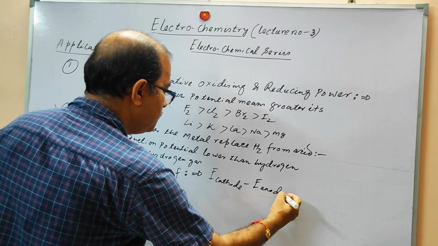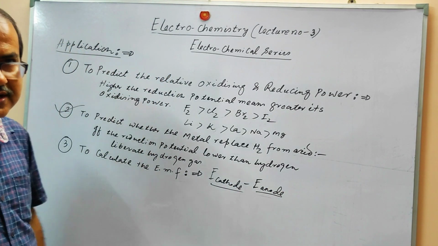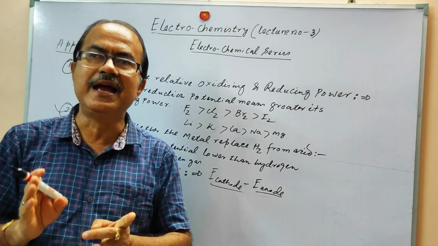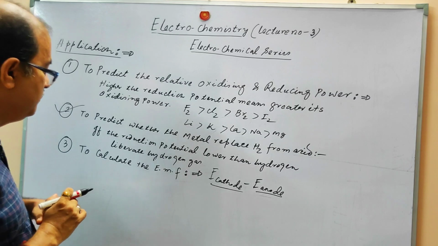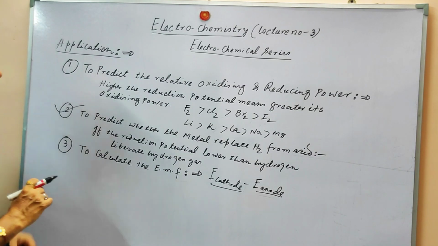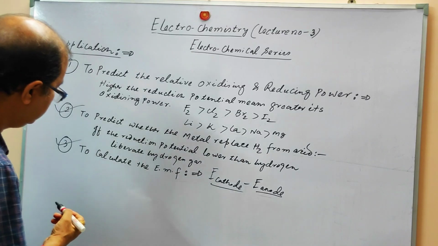So we can understand this, and this is the electrochemical cell. You can understand what will be the standard potential of the cell. So 3 things that we can understand from these.